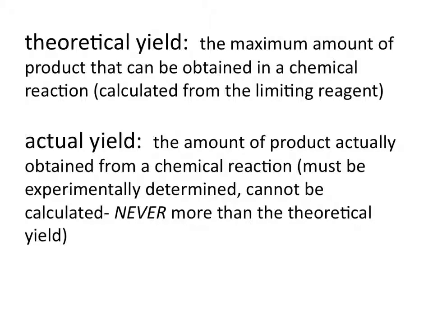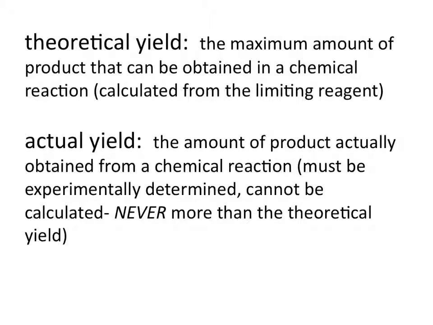The actual yield is the amount of product that is actually obtained from a chemical reaction. And so the actual yield is the amount of product you would actually obtain if you did this experiment in a lab. And these values must always be experimentally determined. So if you're doing a problem involving theoretical and actual yields, the actual yield would always have to be given to you.